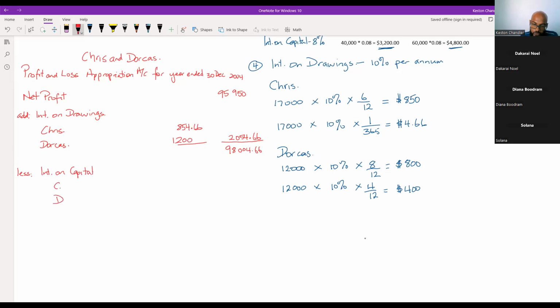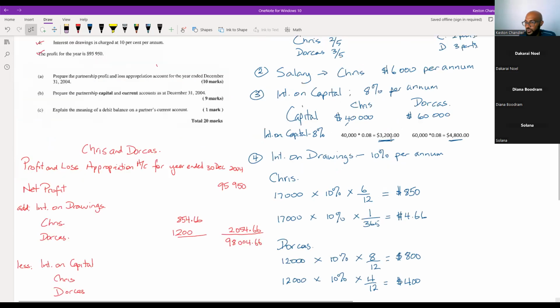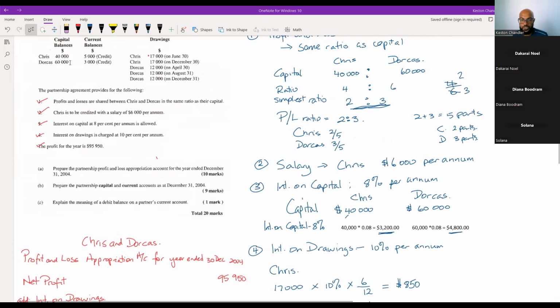Chris and Dorcas, you could use our third column here. And we did our calculation. Chris is 3,200, Dorcas is 4,800, and we found that by finding 8% of their capital, right? 8%, which is 0.08, multiplied by 40,000 for Chris and 60,000 for Dorcas.